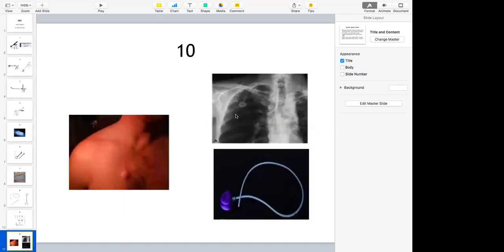Now from these three images, one radiology, one patient picture, and the instrument itself, you identify this instrument. Sir, is it a chemo port? This is a chemoport device. What are the parts that are visible here?